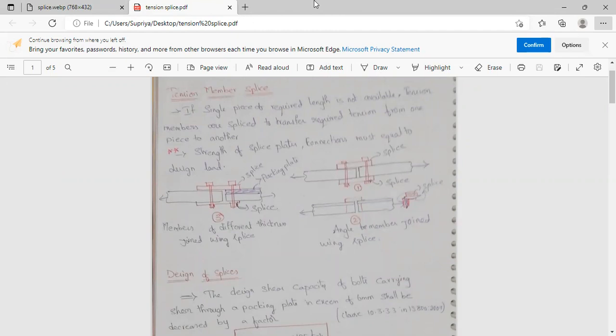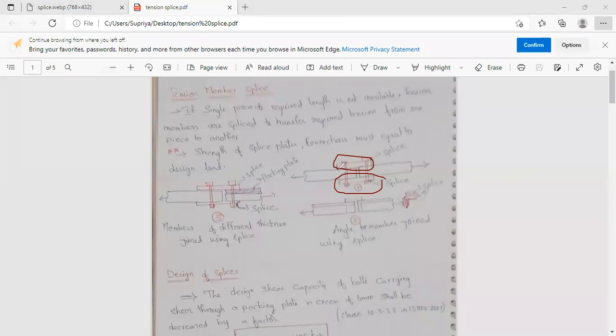This tension splice may be provided either on one side of the joint or on two sides of the joint. If the tension splice is provided on only one side of the joint, that means a single cover lap joint.